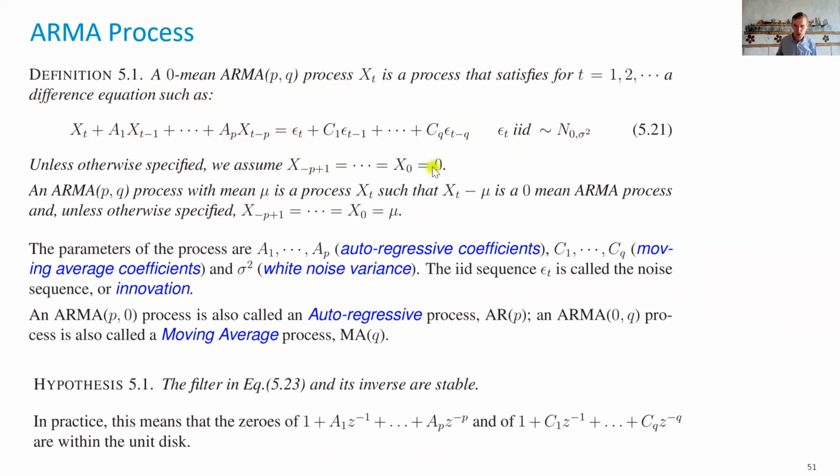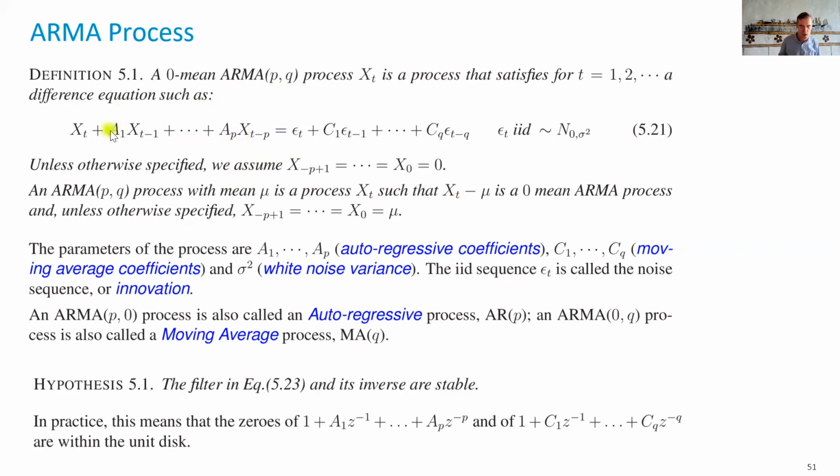And here, you also need the usual convention. What happens for indices that are out of bound here? And this is a zero mean ARMA process. Now, if you want a more general ARMA process, you say that given a number mu, X is an ARMA process with mean mu if xt minus mu satisfies this.